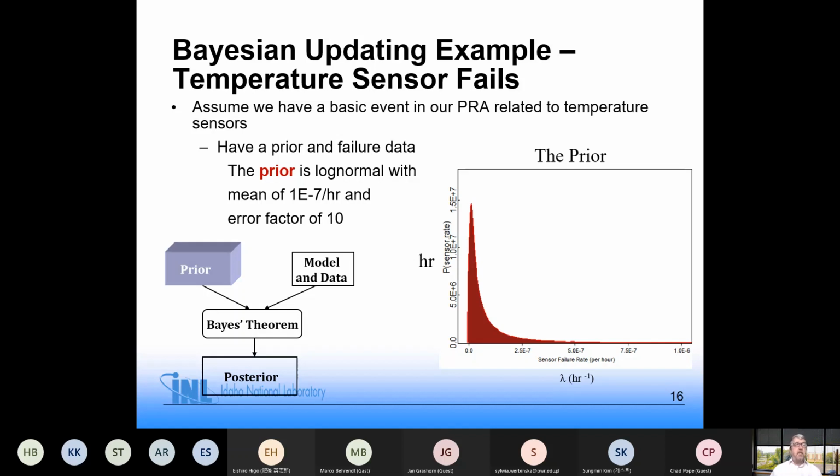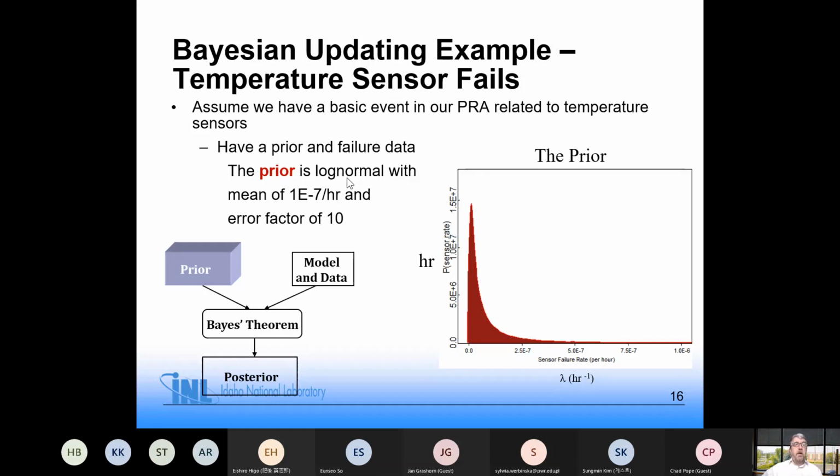This would be a common thing. You'd go to the handbook, you would see temperature sensors. It would probably say something like the sensor fails with an average of 1 × 10⁻⁷ per hour and an error factor of 10. Well, this mean and error factor relates to a log normal.